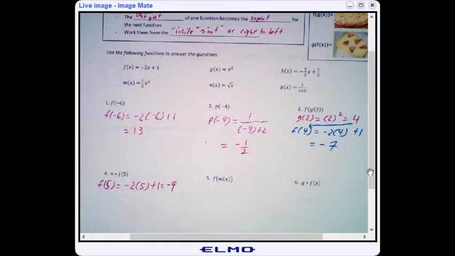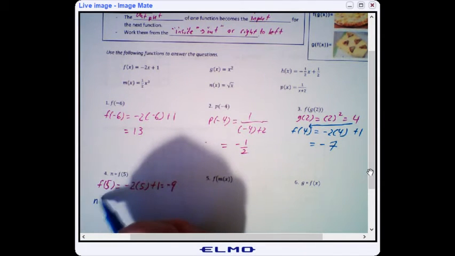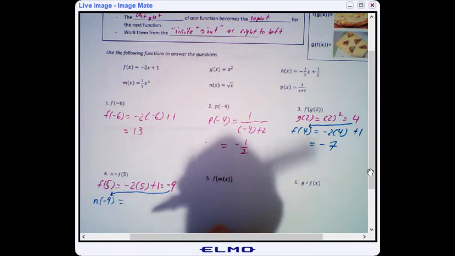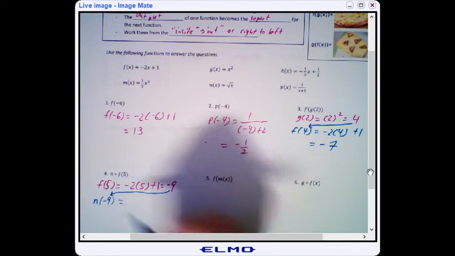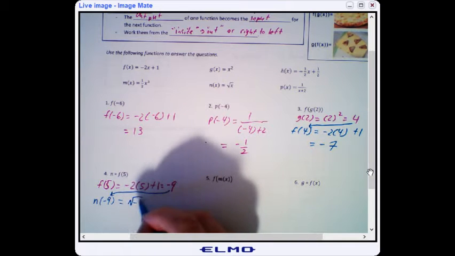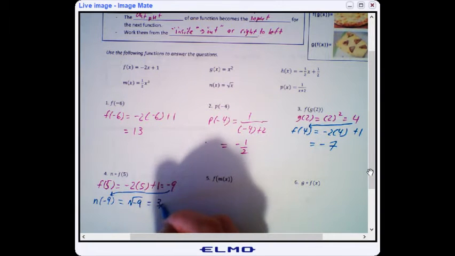And I'm going to take that and plug it into my n function. So I'm going to do n of -9. So the output becomes the next input, just like a train, you get them coupled together. My n function is square root, so we're going to have the square root of -9, which equals 3i.